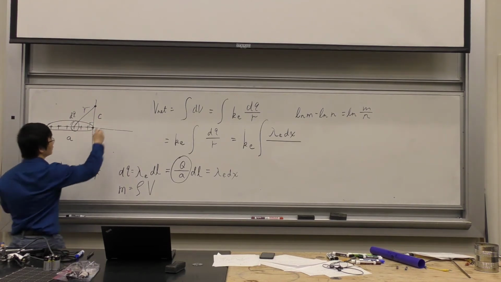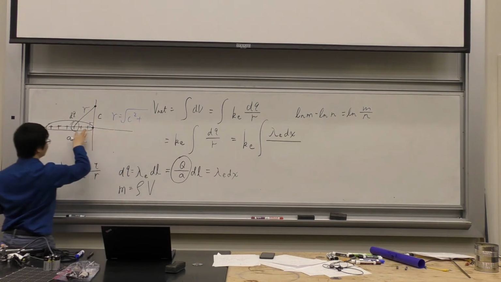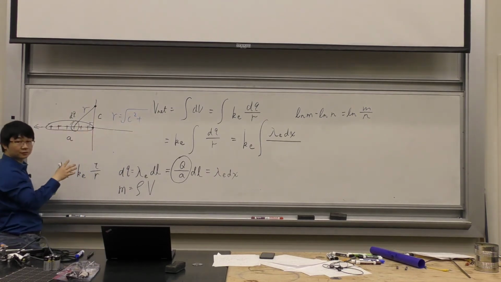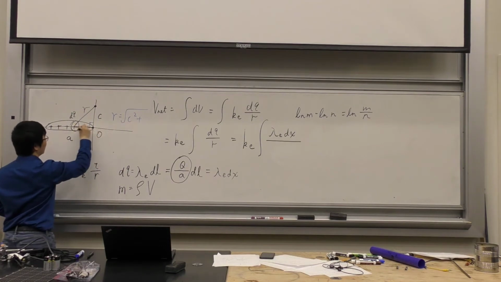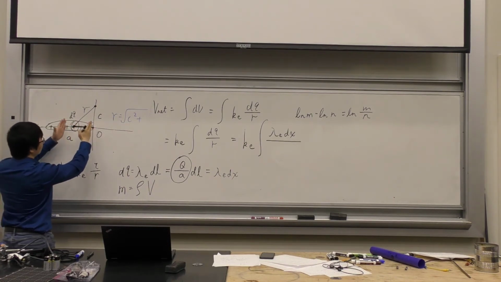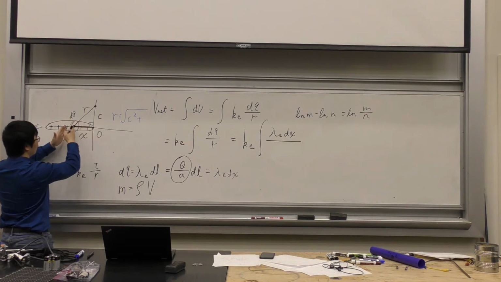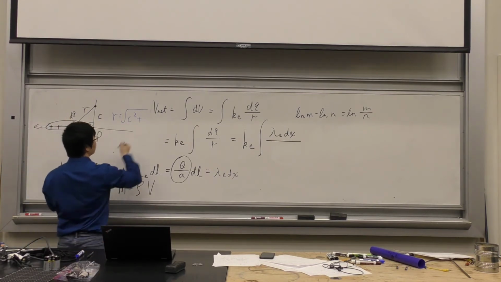So r is going to be the square root of c squared plus this side squared. What is this side? If I set this as my origin, this side is just the x coordinate of this dq, the distance from the origin to this point. So r is going to be the square root of c squared plus x squared.